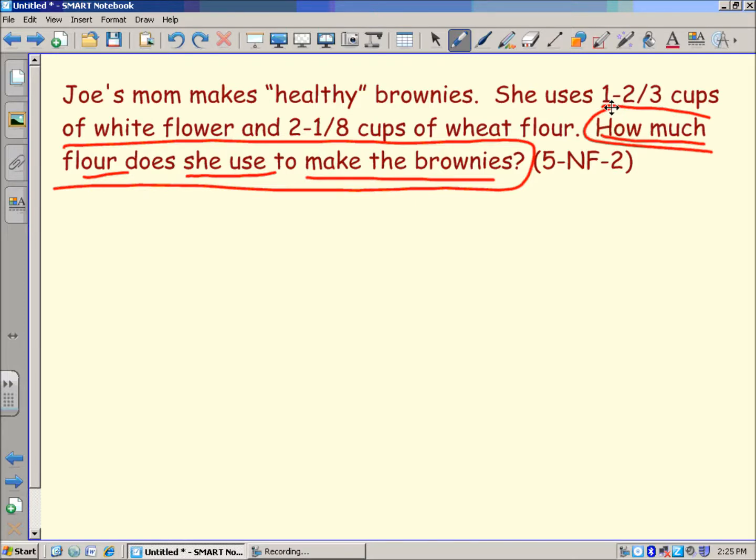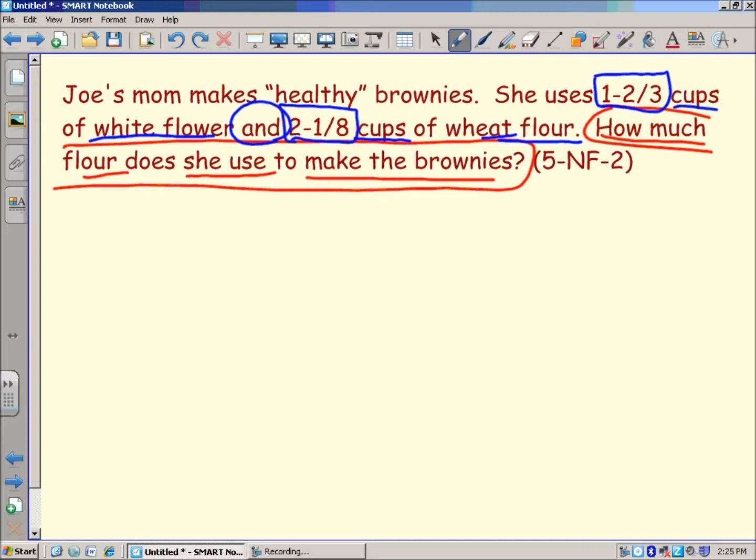Joe's mom makes healthy brownies. Well, that's story information. She uses 1 2/3 cups white flour, and, oh, look at that. That's a clue that you're going to add, you're probably thinking. Good for you. 2 1/8 cups of wheat flour. Okay. How much flour does she use to make the brownies?